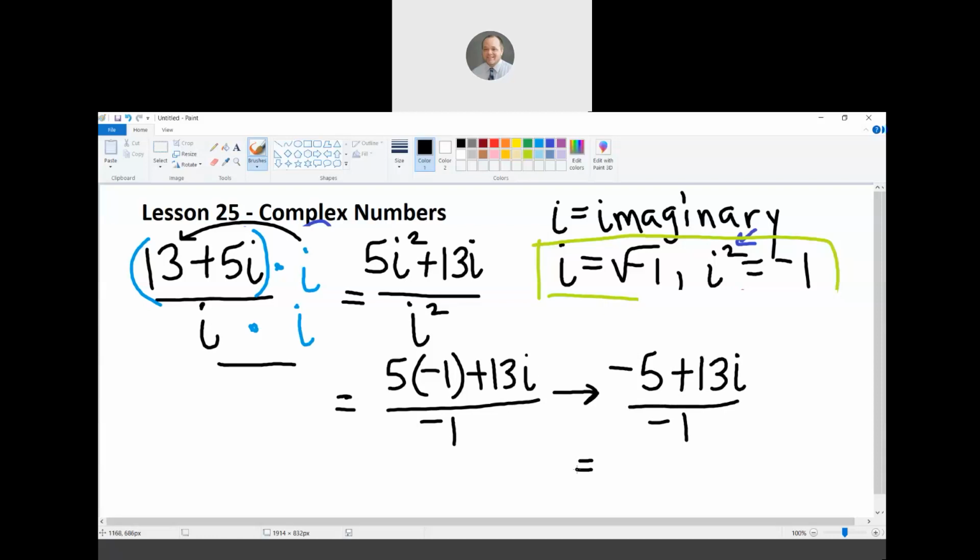Simplify by dividing each term in your numerator by negative 1. So negative 5 divided by negative 1 is a positive 5, and positive 13i divided by negative 1 is negative 13i.